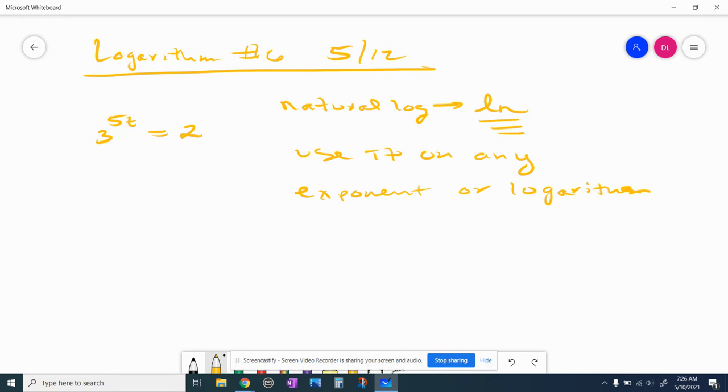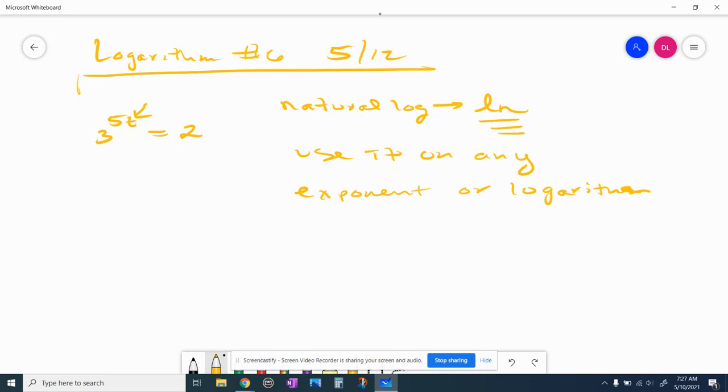So when we are dealing with something like this, we end up with the exponent right here in the top part. So if I was going to deal with something like this, I would actually tackle this.